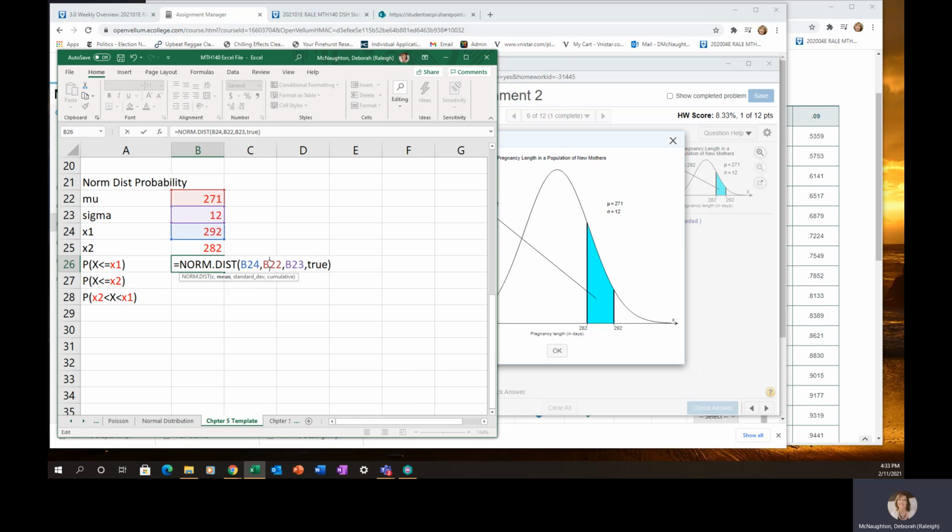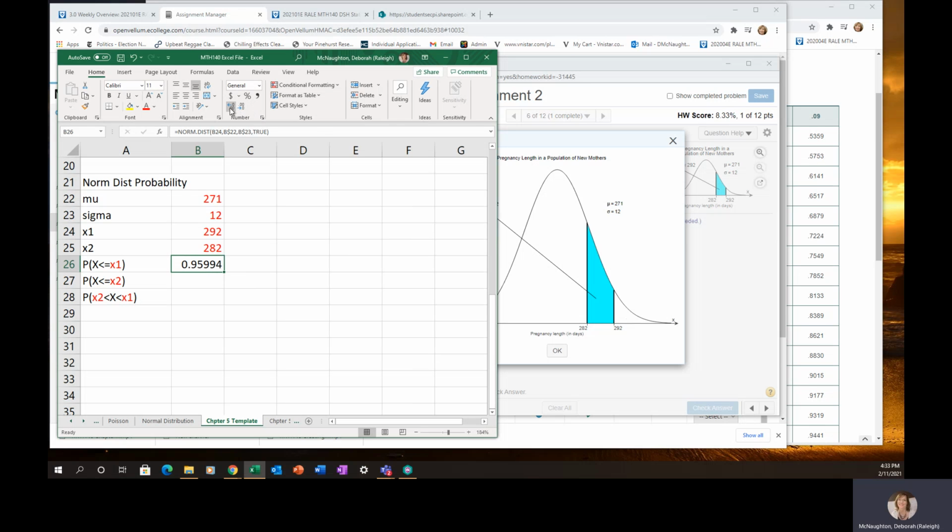Then I'm going to anchor my mean and my standard deviation, so that these will stay the same. My X will change, but my mean and standard deviation will stay the same. So I can just copy this formula. The probability that X is less than 292 is 0.956.